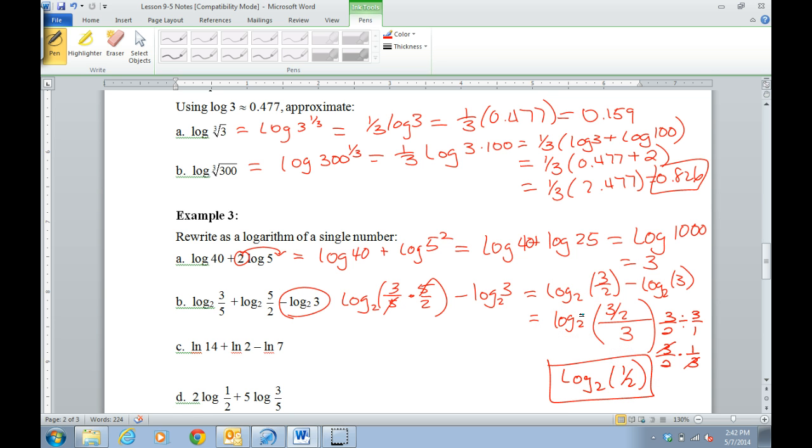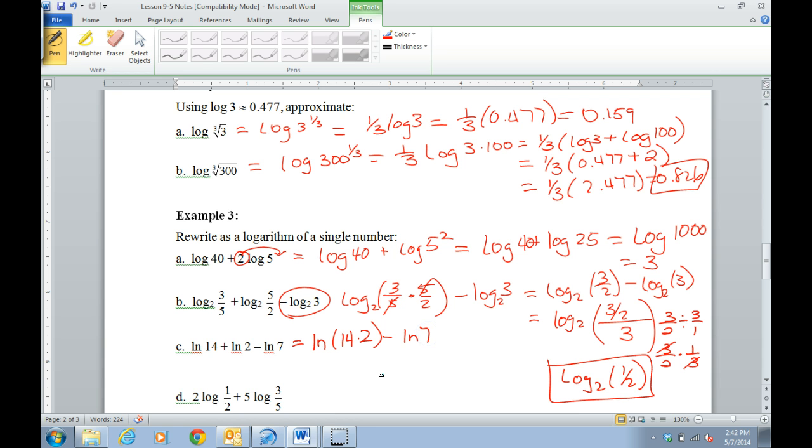No, you just had to get back to the original number. Okay, C is easier. The natural log, you're going to handle it the same exact way. So this is just like saying natural log of 14 times 2 minus natural log of 7.